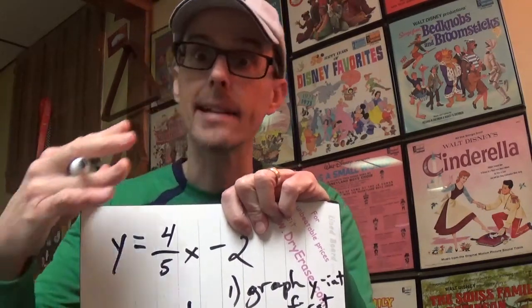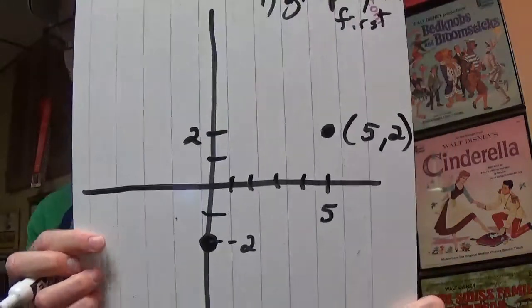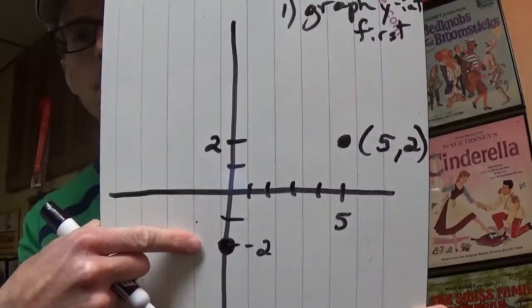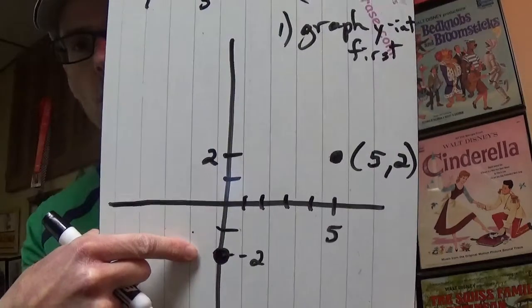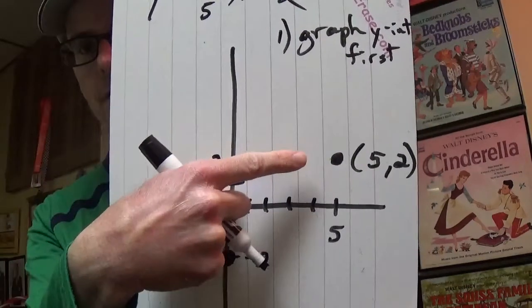So he's going to rise 4, 1, 2, 3, 4, and then run 5. So I've got a second point of 5,2. From here, not from the origin, but from the y-intercept, rise 4, and then run 5.